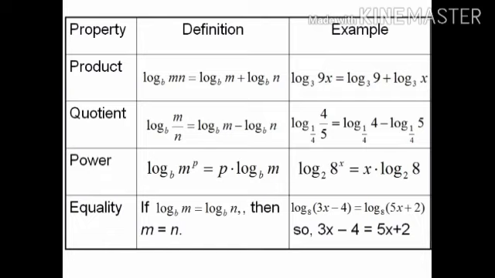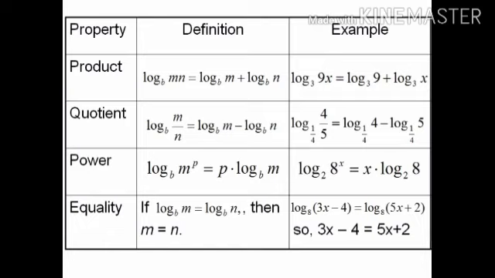Example, log 4 by 5 base 1 by 4 is equal to log 4 base 1 by 4 minus log 5 base 1 by 4. Third property, power. Log m power p base b is equal to p into log m base b. Example, log 8 power x base 2 is equal to x into log 8 base 2.